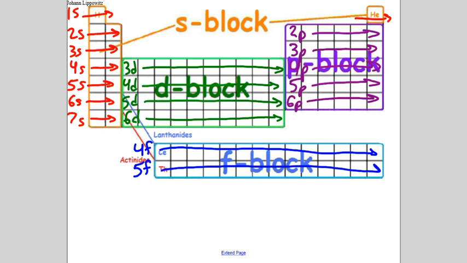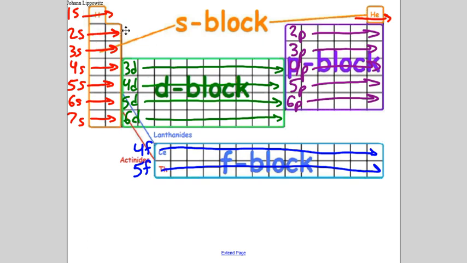Okay. So looking at the periodic table, you can treat it like a road map. This block right here is something called the S block. What that is saying is that the last electron added to these elements is in these particular s orbitals. So hydrogen has just the one s, helium has two s.